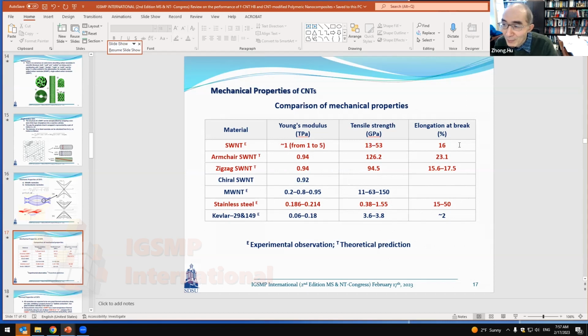Most of the numbers are obtained from simulation, and usually doing the experiment at small scales is very hard, and the reliability or accuracy of the testing is sometimes questionable, or sometimes has large deviation, as you can imagine.